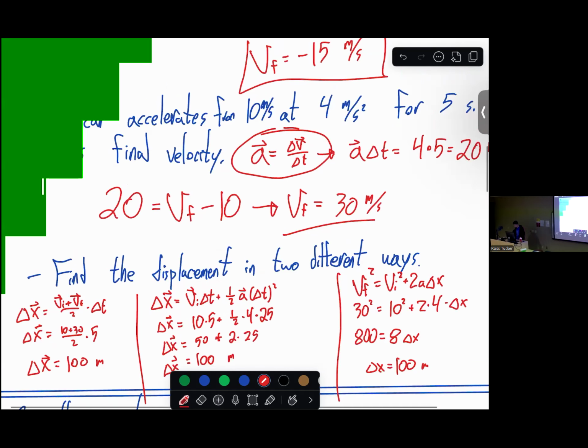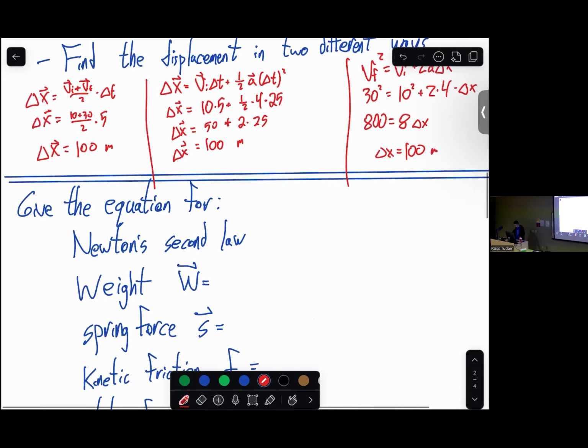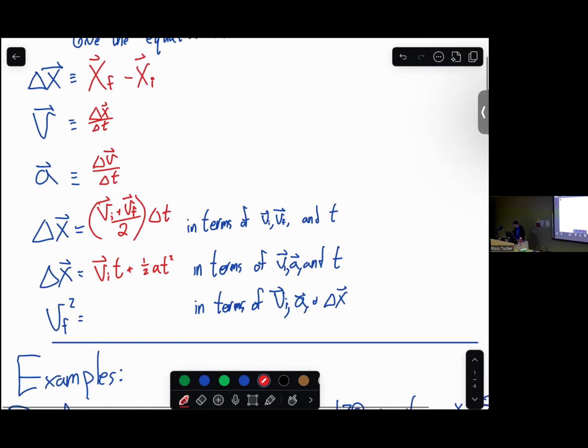Okay, so 2 other equations in terms of velocity, initial velocity, acceleration, and time. Oh, and yes, V final squared equals V initial squared plus 2a delta x.